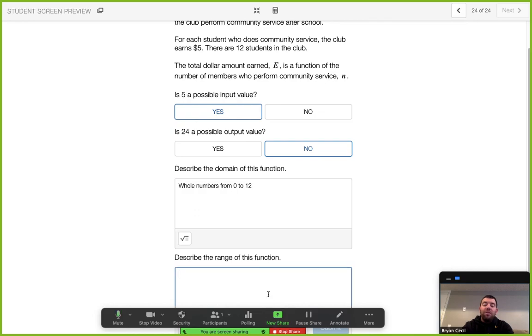What's the range? All right, that would be multiples of 5 from 0, because if we had 0 students do it, that would be 0 dollars, to the max amount. If I have 12 students, they each get $5. That's a 60. Okay, so multiples of 5 from 0 to 60.